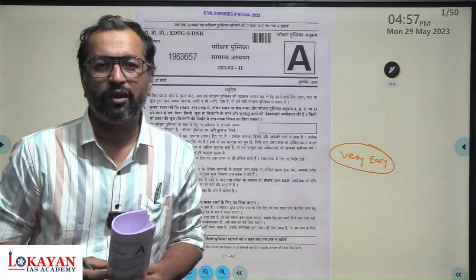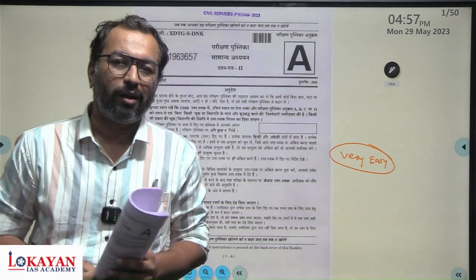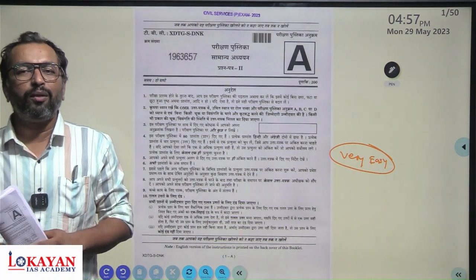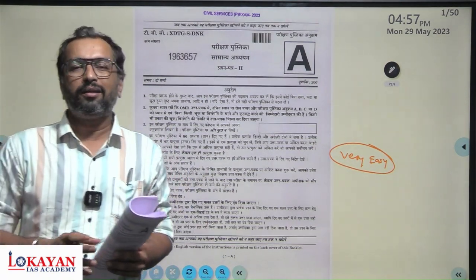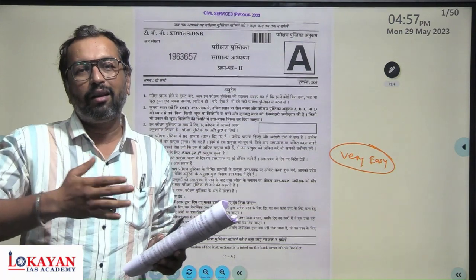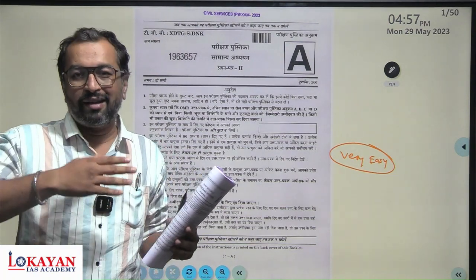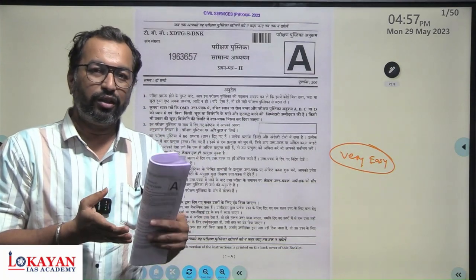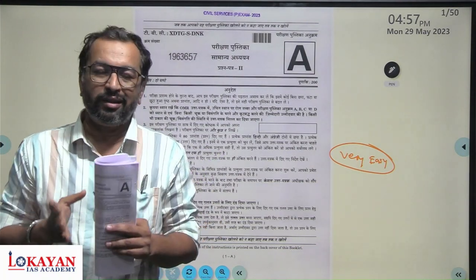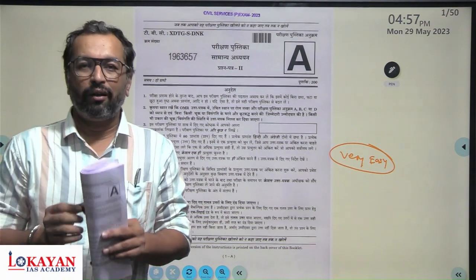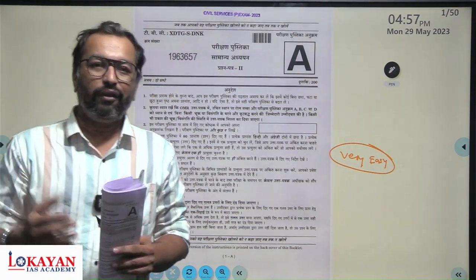There were a few relatively easier questions, but compared to the previous years' question papers, UPSC has consistently raised the difficulty level. Compared to last year's, that is the 2022 question paper, this year's paper was definitely on the difficult side.